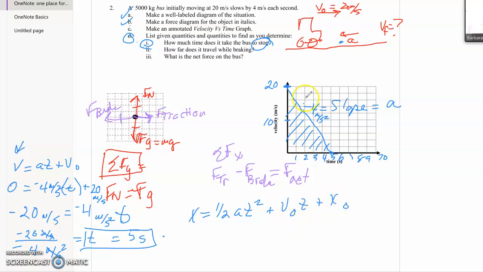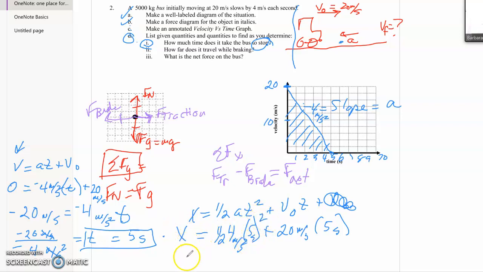I appear to be starting from the origin, so I don't have an x naught. I do have a v naught, so 20 meters per second times 5 seconds is how long it goes. Plus 1/2 4 meters per second squared times 5 seconds squared equals how far it goes. So how far indeed does it go?